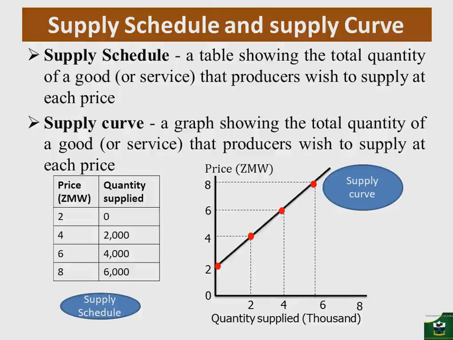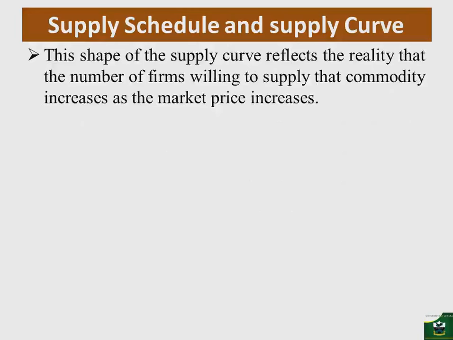Therefore, we see that the supply curve shows a positive relationship between the price and the quantity supplied of that item. So the shape of the supply curve reflects the reality that the number of firms who will be willing to supply a given commodity when price increases on the market will also increase.